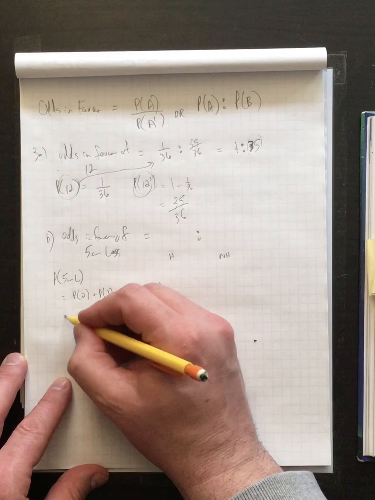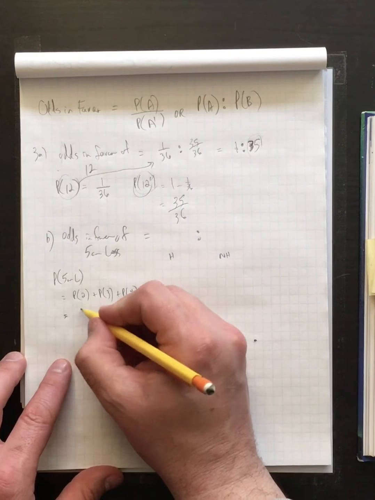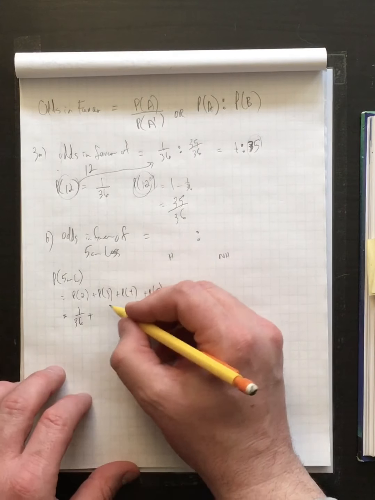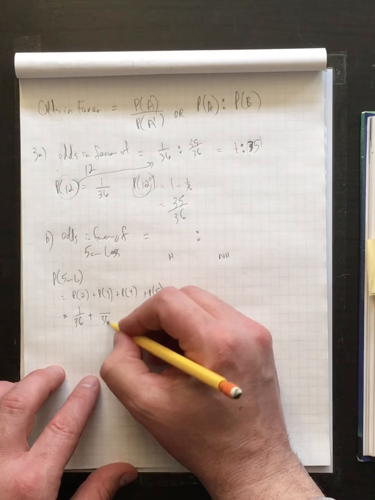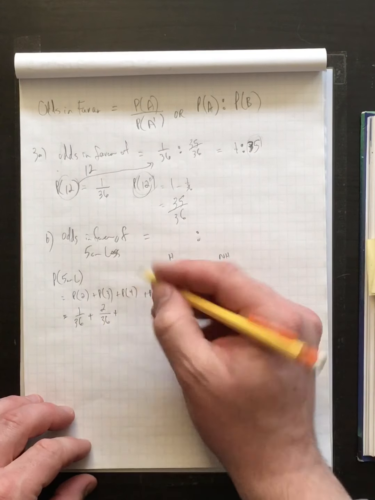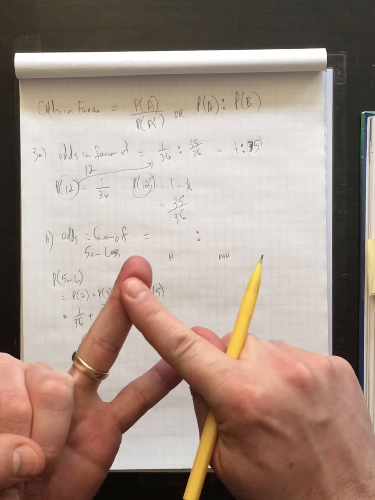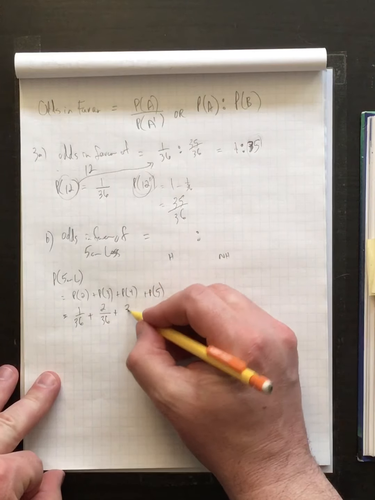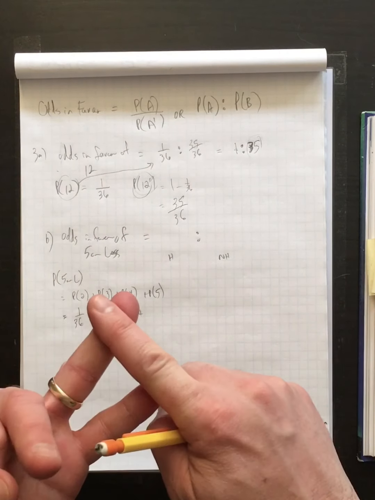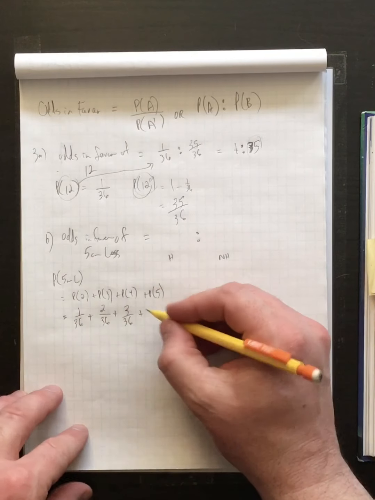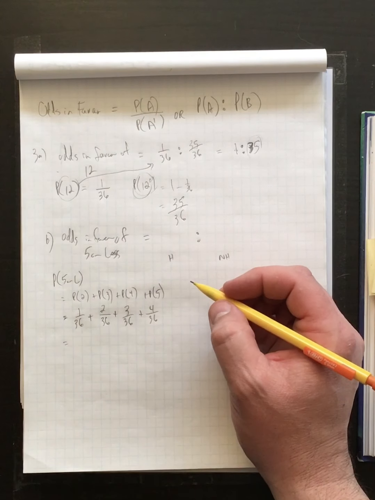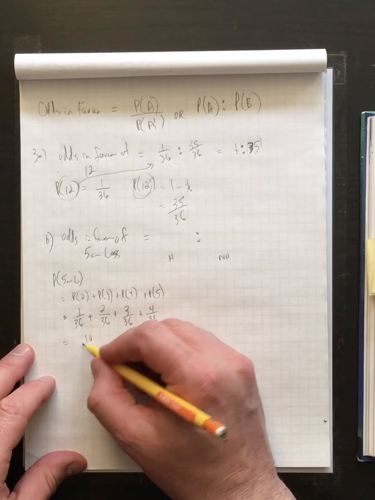The probability of a 2 is 1 out of 36 because you can only get a 1 and a 1. The probability of a 3 is 2 out of 36, 1 and 2, 2 and 1. Probability of 4, 1 and 3, 3 and 1, 2 and 2, 3 out of 36. And the probability of a 5, 2 and 3, 3 and 2, 1 and 4, 4 and 1, 4 out of 36. Add all those up, and we get 10 out of 36.